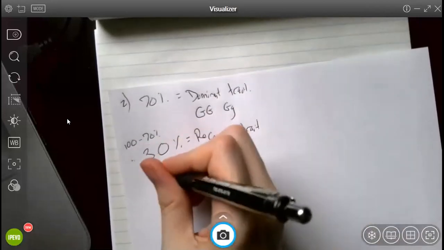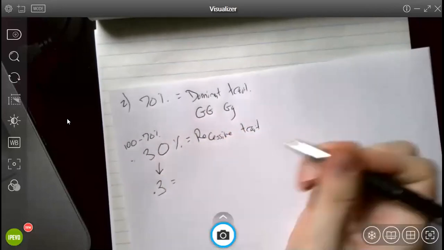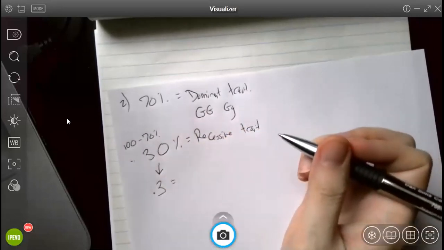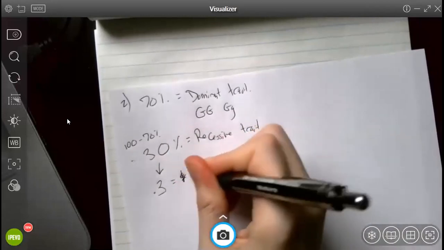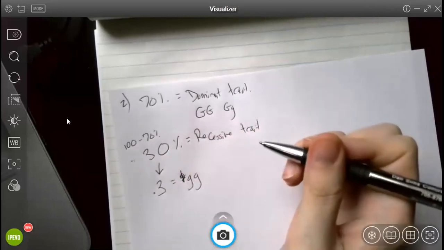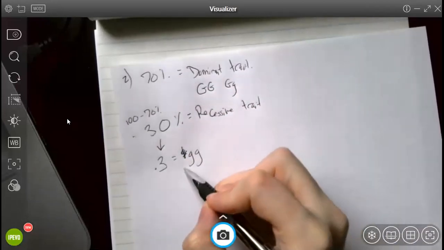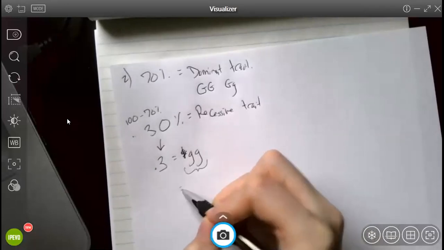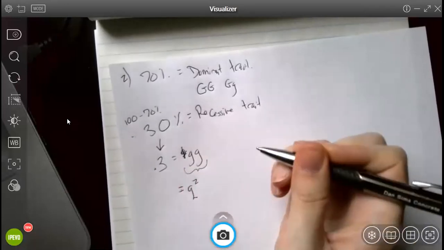So I'm just going to turn that into a decimal. So that means 0.3 have the recessive trait, which is, in this case, little g, little g. Now, the recessive genotype, in terms of the Hardy-Weinberg equation, is q squared.